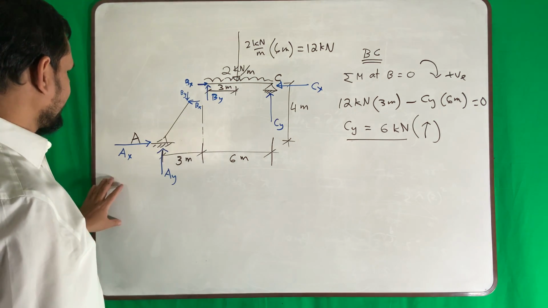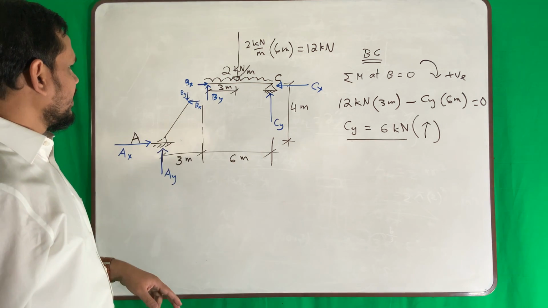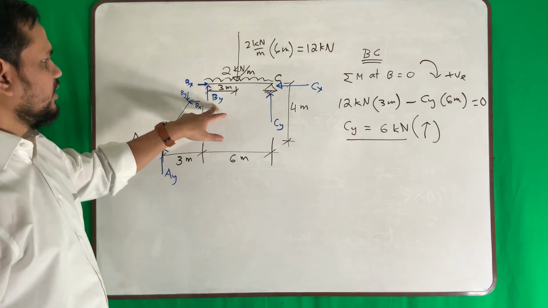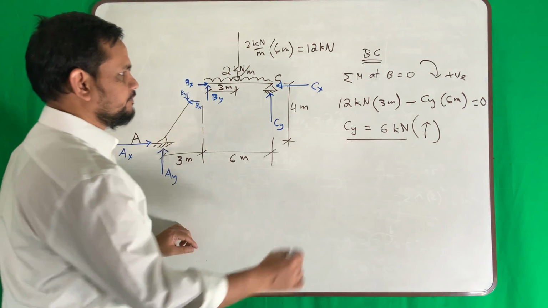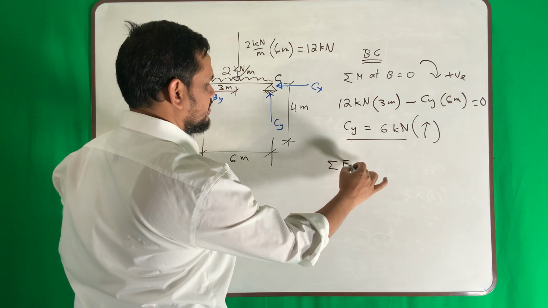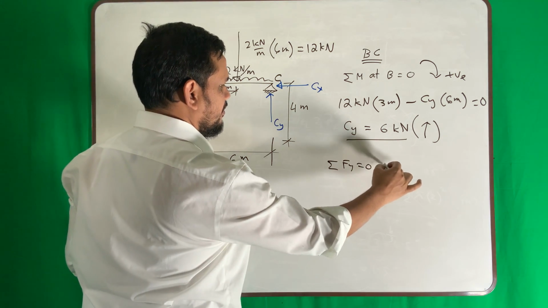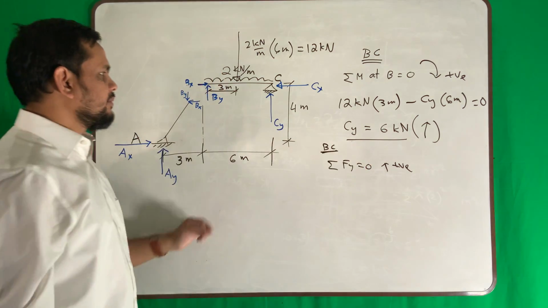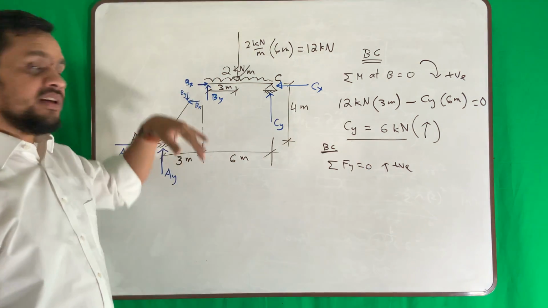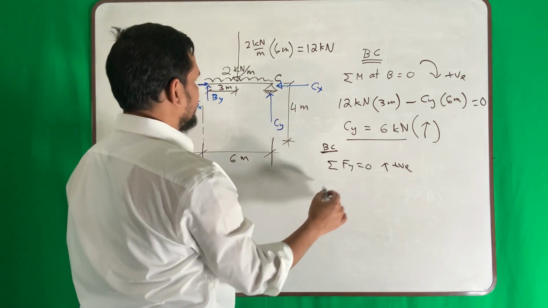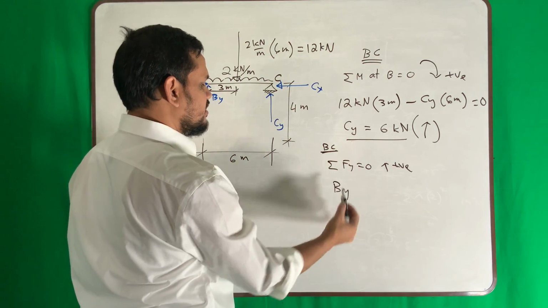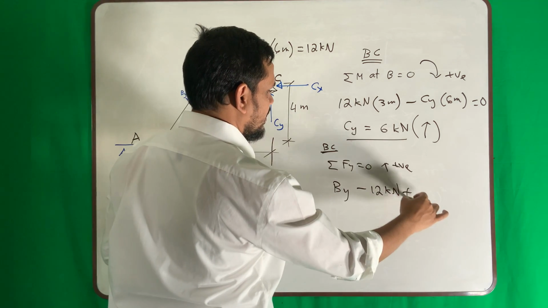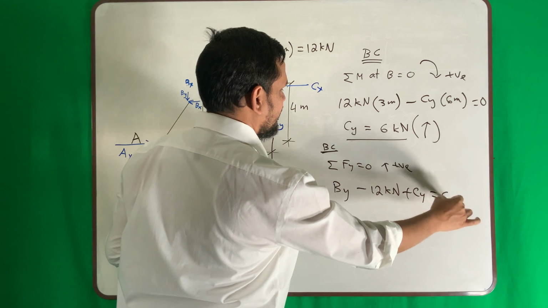Then, as I know Cy, now I can find By. How? If I consider this portion again, BC member only, not the entire frame, and apply summation of Fy with upward positive, then By upward minus 12 kilonewton downward plus Cy upward is 0.